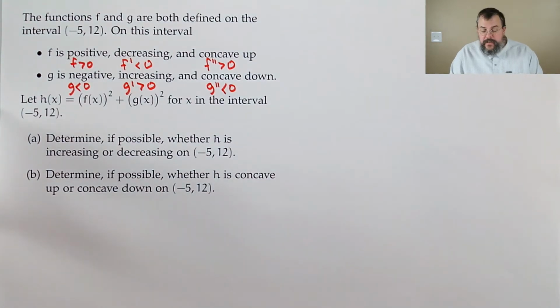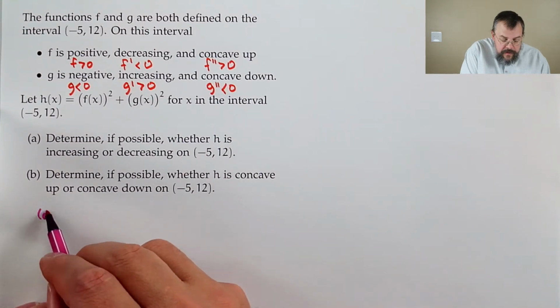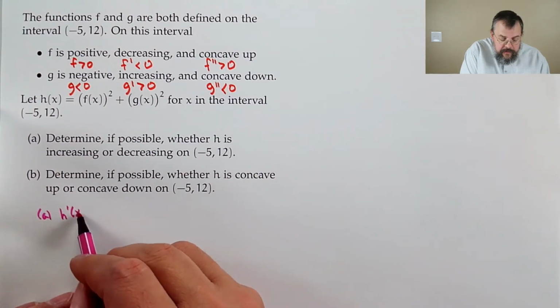All right, now let's get to part A. I'm asked to determine, am I increasing or decreasing? Well, we know, if we want to know increasing, decreasing, we look in the derivative. So we're going to start by saying, what's happening with our derivative? What is h prime of x?